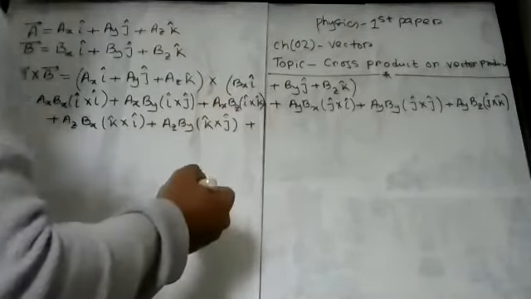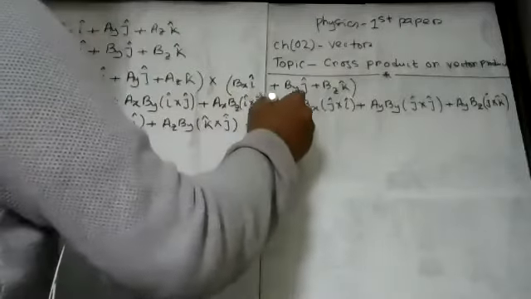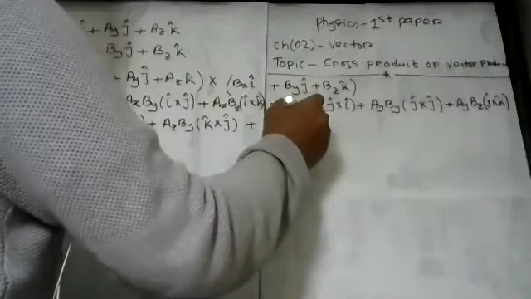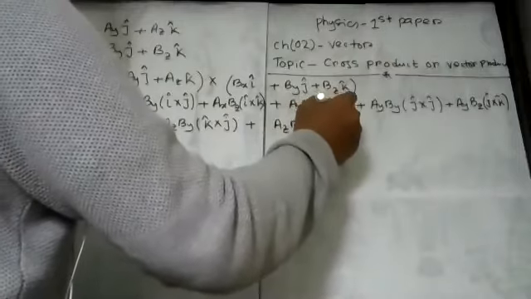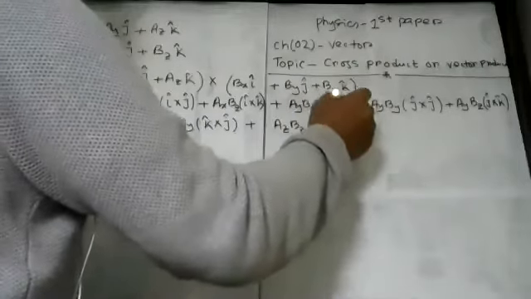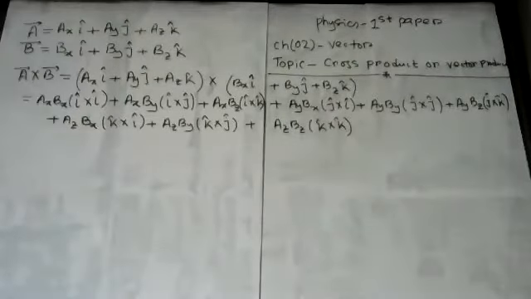Then az bz, and this one is k hat cross k hat. So these are the cross products.